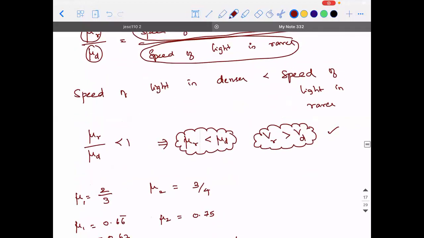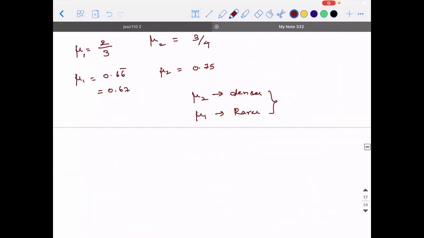So I just gave a conclusion. The speed of light in denser medium is less than the speed of light in rarer. That's it. Okay. So having these points in mind, I'm going to find out how the light is going to bend. So one thing we are clear that when the light is traveling from one medium to another, this is first medium, this is the incident ray, this is the angle of incidence.